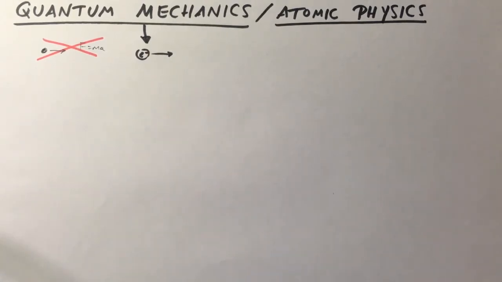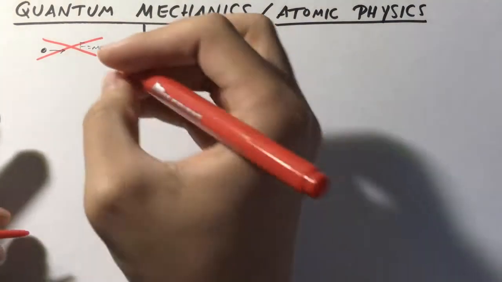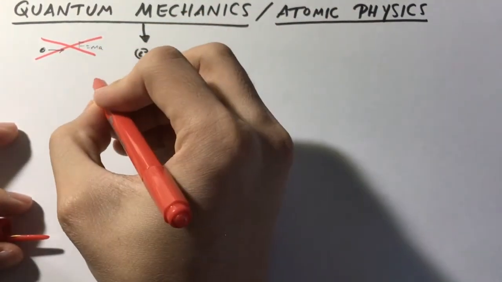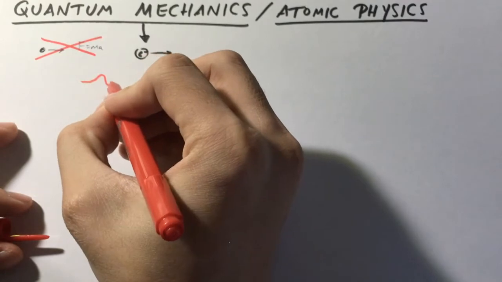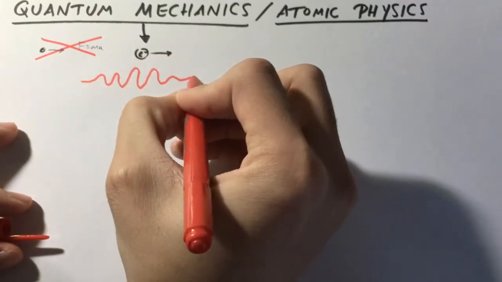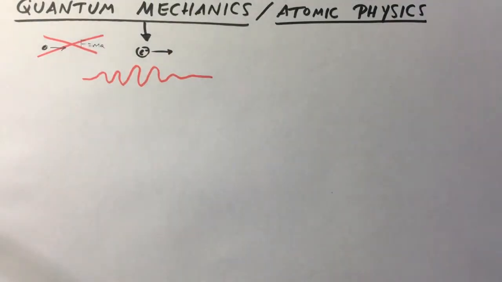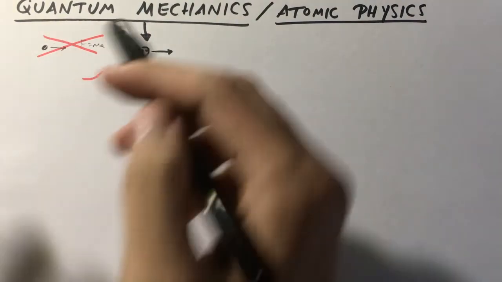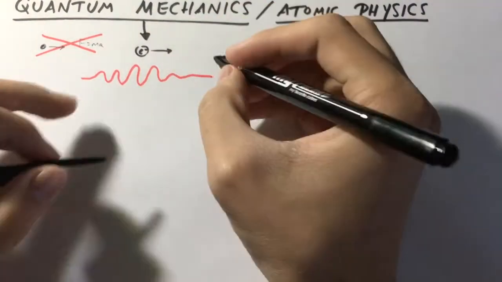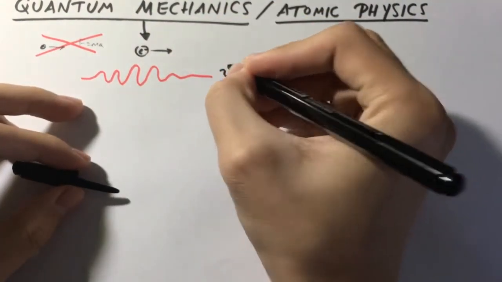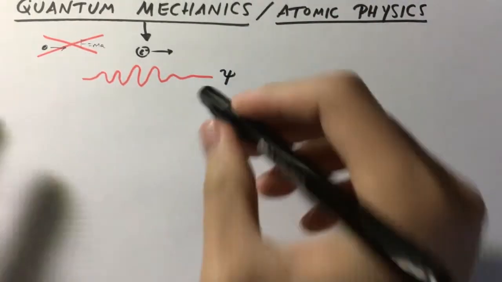So in quantum mechanics, there is the idea of something called a wave function. A wave function, well, is literally just a wave. So if I draw something like that, this is what a wave function might be in space. It turns out that every particle has got these things called a wave function, usually denoted by psi, this symbol.